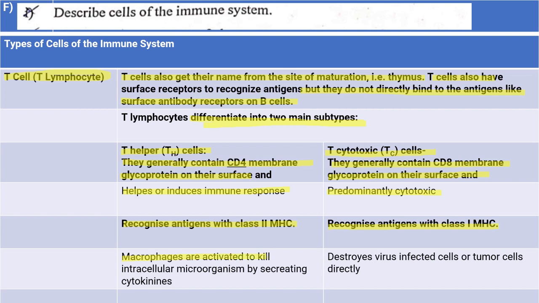Cytotoxic T cells destroy virus-infected cells or tumor cells directly. They are only for the infected cells or tumor cells, while the helper T cells are responsible for activating macrophages. Macrophages are activated to kill intracellular microorganisms by secreting cytokines.